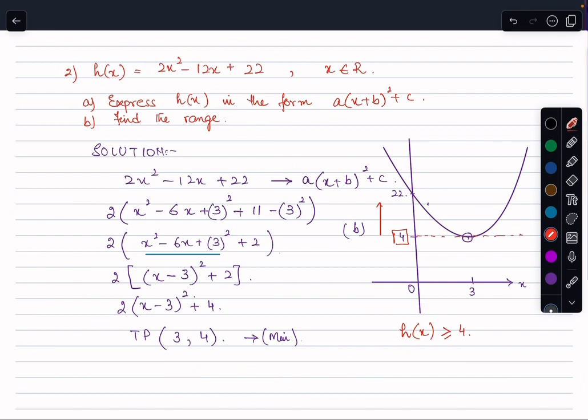So this is going to be the range of the given function with respect to the domain, which said that the given domain was x belonging to all real numbers, and my range or the function values are greater or equal to 4. So this is what the introduction for functions is.